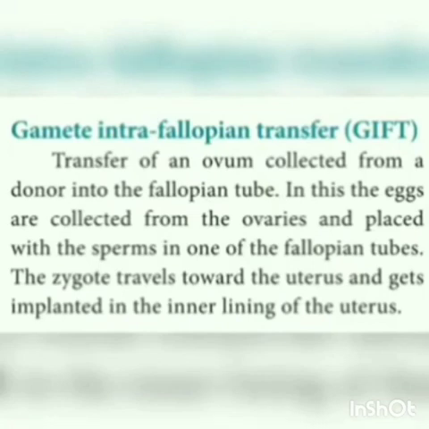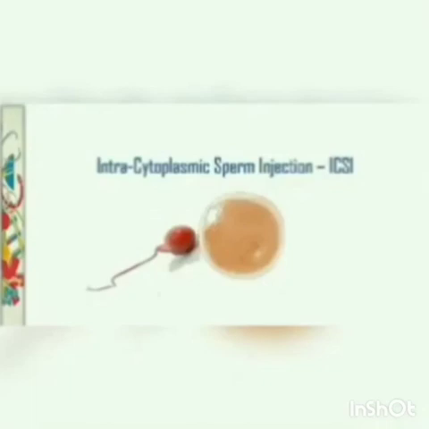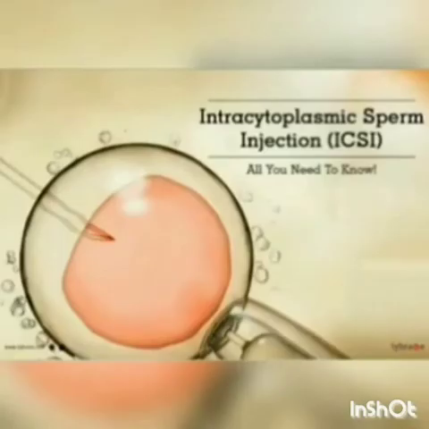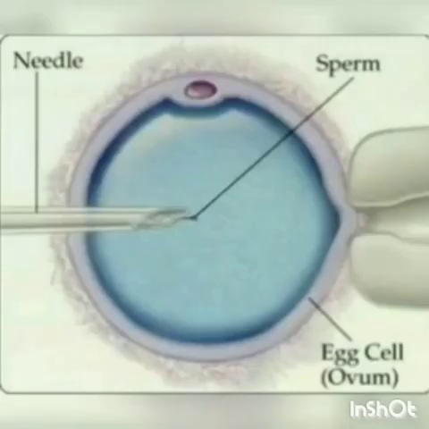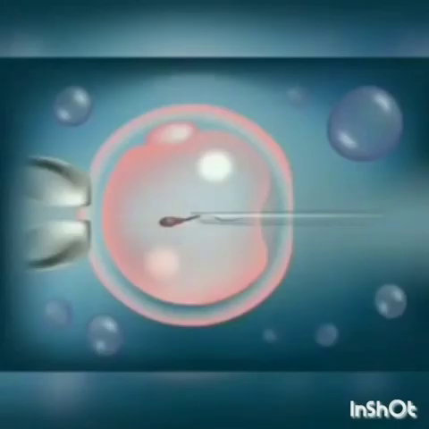Next is intracytoplasmic sperm injection. In this method, only one sperm is injected into the focal point of the egg to fertilize. Only one fertile egg is taken and only one fertile sperm is taken, and this sperm is injected into the particular point of the cytoplasm of the egg.